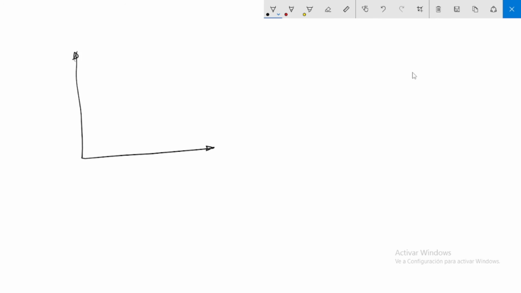We have in the x-axis the probability of having corona, which is probability of x equal 1. And we have in the y-axis the probability of having corona given that the test was positive, which in other words is the posterior probability we are looking for.